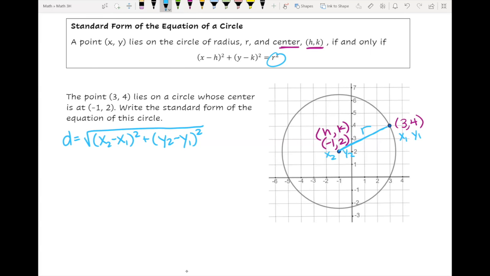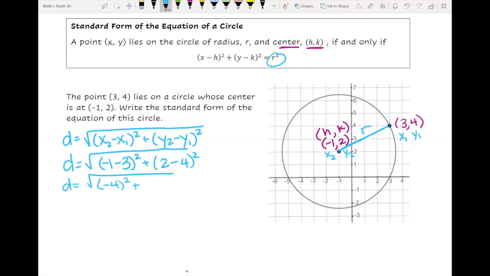So in this distance equation, I get the square root of (-1 minus 3) all squared plus (2 minus 4) all squared. So I'm going to do my order of operations here. I end up with a -4 squared plus a -2 squared. So square root of 16 plus 4, which is the square root of 20.